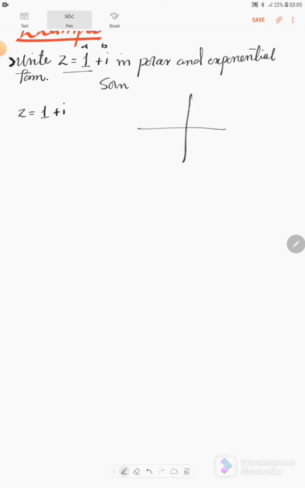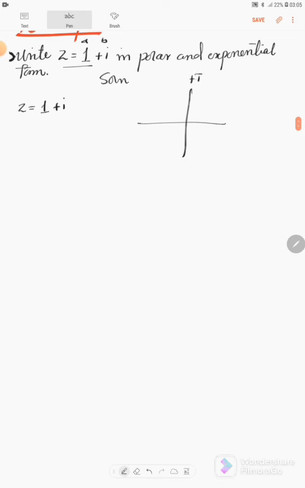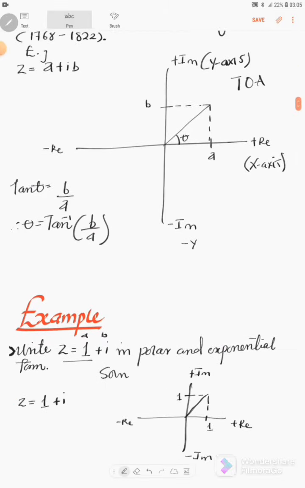The imaginary part is here, plus im, minus im, plus re, minus re, and your a is on the real part, that's 1, and your b, that's 1, is on the imaginary part. Then this comes like this. The same thing we have over here, same side.